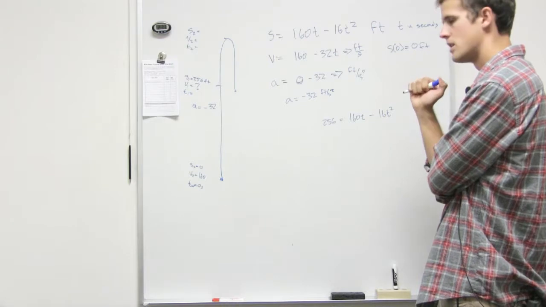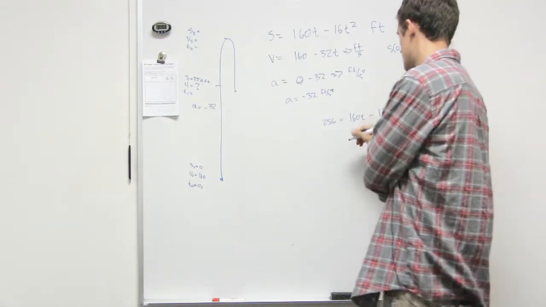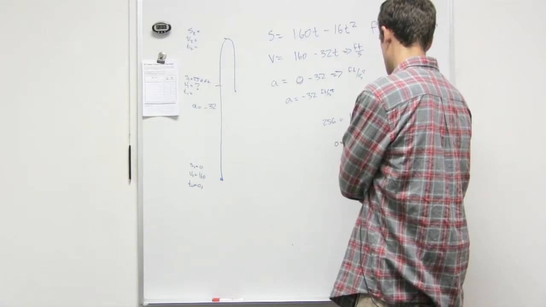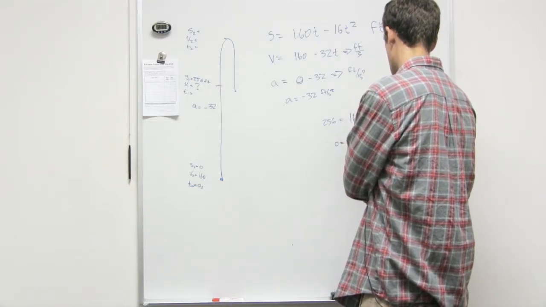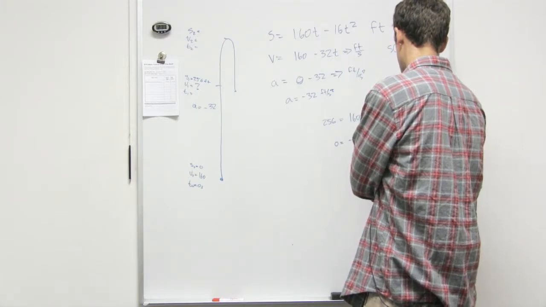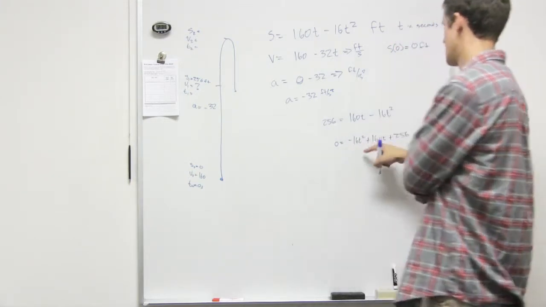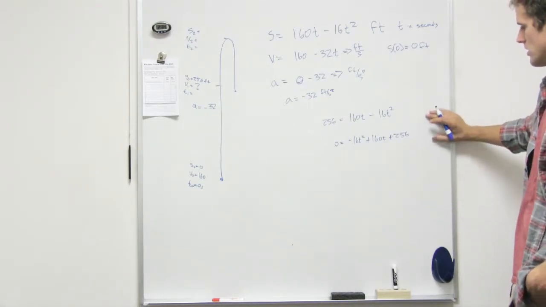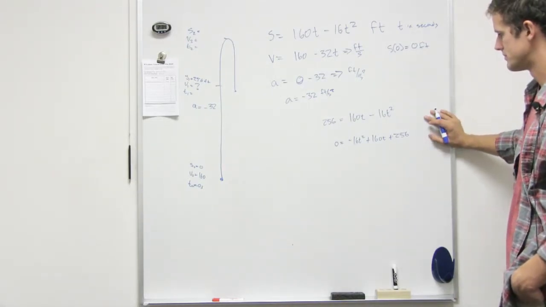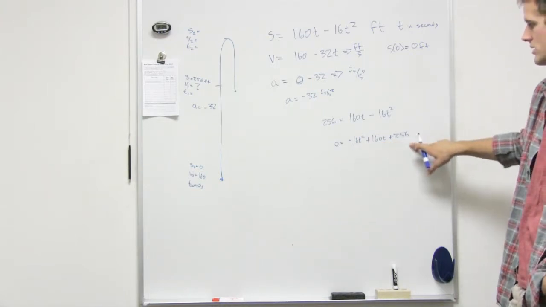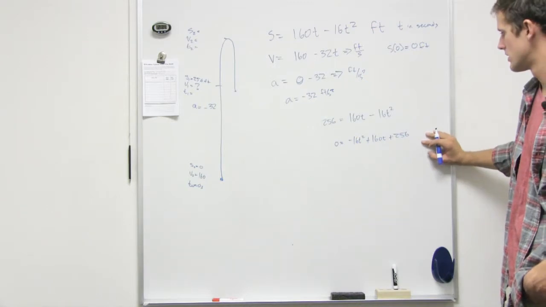What you'll have to do is negative 16t squared plus 160t plus 256. You might be able to factor that out. I don't really know. But you need to solve this with the quadratic equation to get t. Yeah, you'd pull out a 16, wouldn't you?